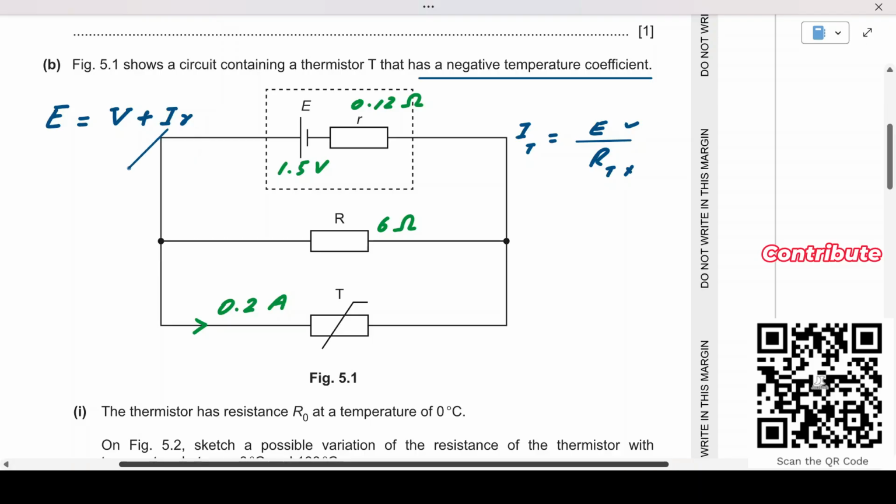We are supposed to find the value of I. If we have everything else in this expression, we can easily rearrange it and find the value of I. Do we have the EMF? Yes, we do. 1.5. Do we have the internal resistance? Yes, we do. 0.12. What about the current? Current is meant to be found out.